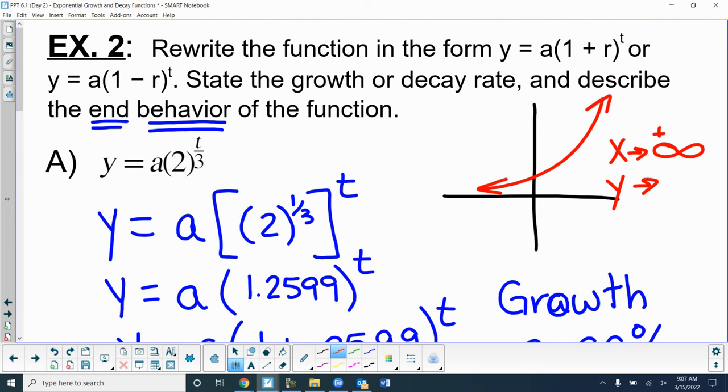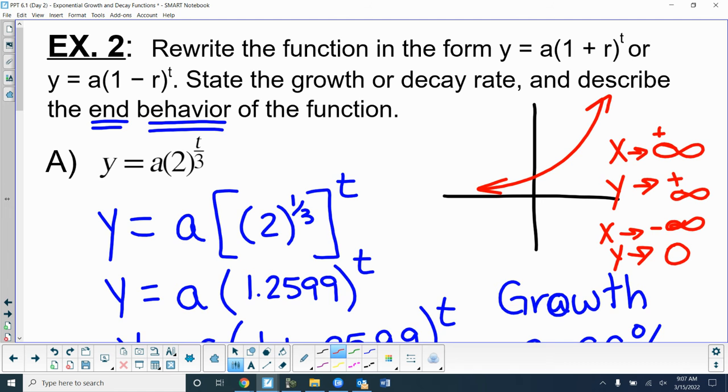It's going to positive infinity, right? As x goes towards negative infinity, what's y getting closer to? That line, right? What is that line? What's the y value? 0, right? That's what they mean by end behavior. What's happening as x approaches positive infinity and as x approaches negative infinity? That's what it's asking.